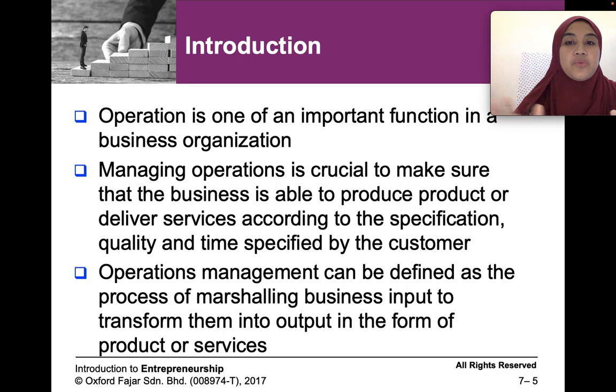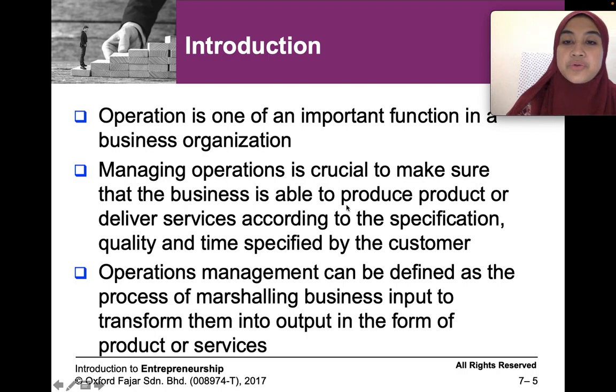So that is why operation is very important in the business organization, because in the operation we transform the idea that has been identified by the administrative plan and the marketing plan into the end product. Okay, so this is what will happen in the operational process.